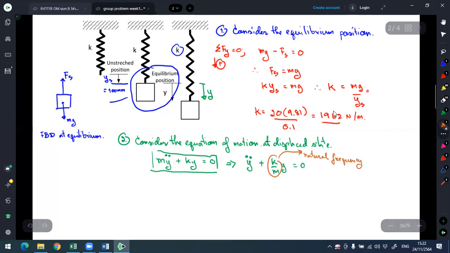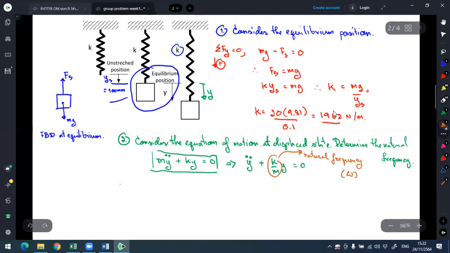At this step, we will determine omega, that is the natural frequency.